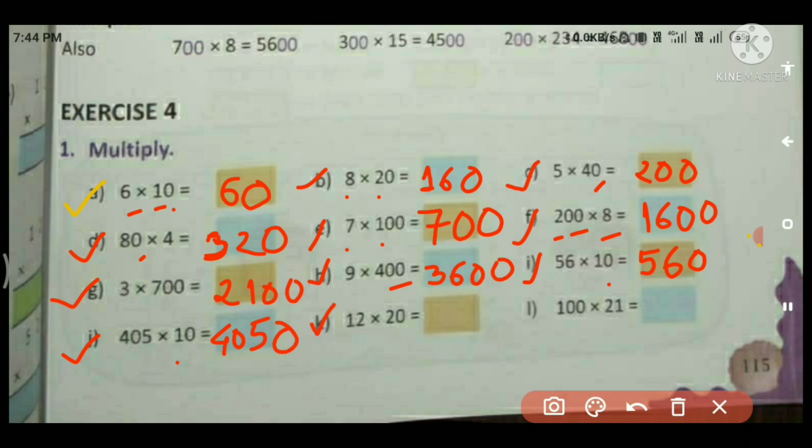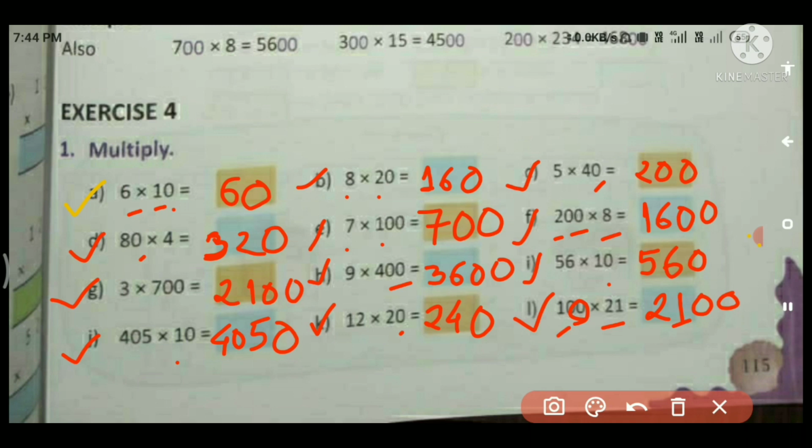Now see K, 12 into 2. 12 2s are 24. Now we'll put this 0 here. Now see L part, 100 into 21. So 21 1s are 21, and now these two zeros we'll put here.